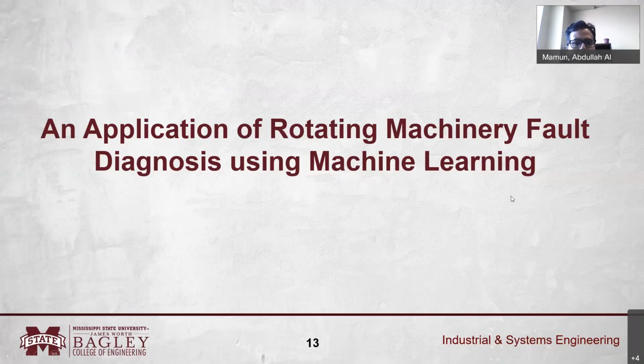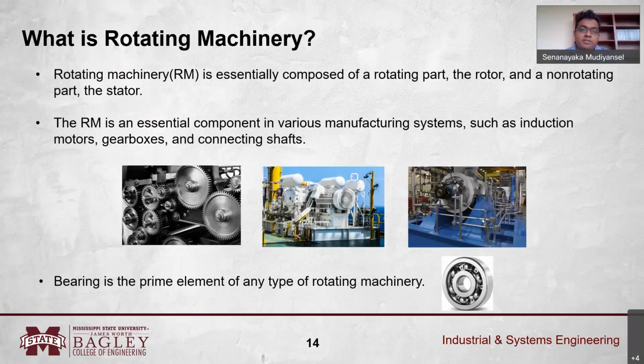All right. I'm Anantha. I'm a PhD student in industrial and systems engineering. So I'm going to explain an application of rotary machinery fault diagnosis using machine learning algorithms. First of all, what are these rotating machineries? Rotating machinery is essentially composed of a rotating part, the rotor, and a non-rotating part, the stator.